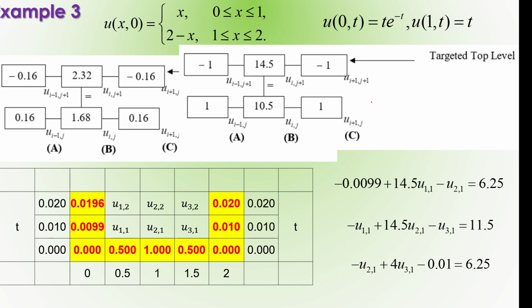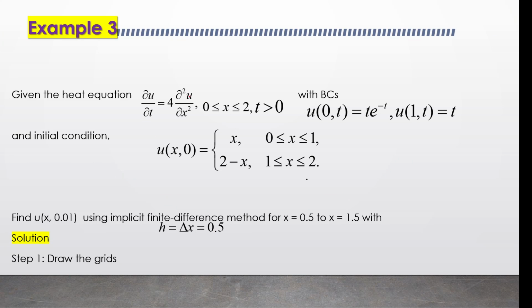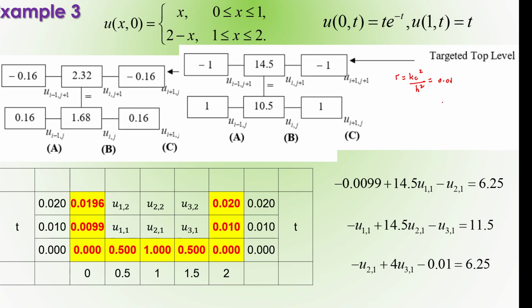Actually, r is kc squared over h squared. k is 0.01, and c squared from the coefficient of del 2u del x squared is actually 4. So times 4 divided by h, which is 0.5 squared. You can calculate here.